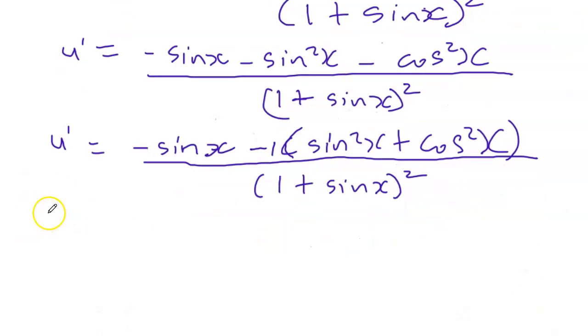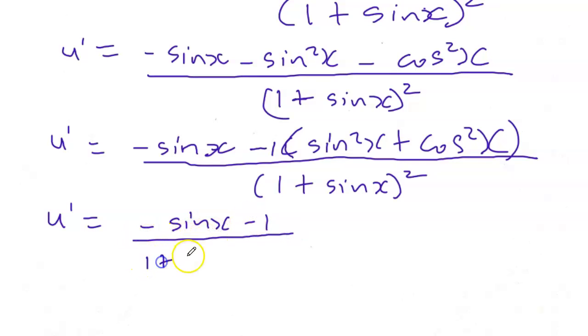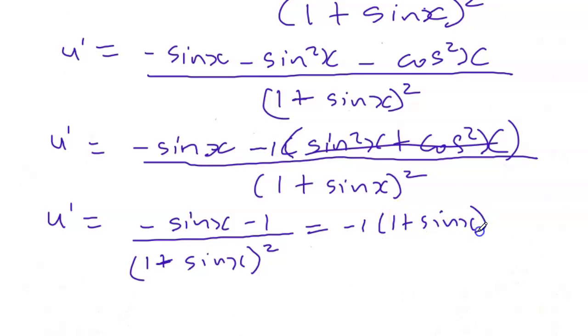So this means that u prime will be equal to minus sine x minus 1 over 1 plus, because what's in the bracket, sine squared plus cos squared, all that will equate to 1, right? So in the bracket below we have (1 plus sine x) all squared. And if we factor out minus 1 again in the numerator, we'd have minus 1 times (1 plus sine x).